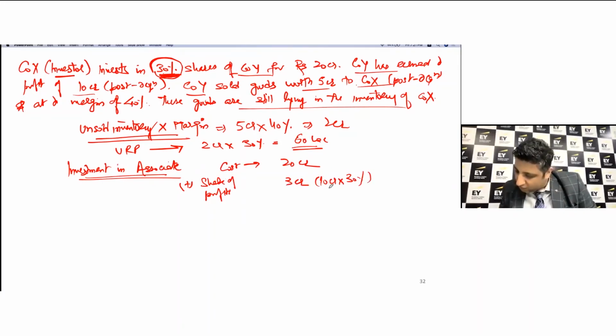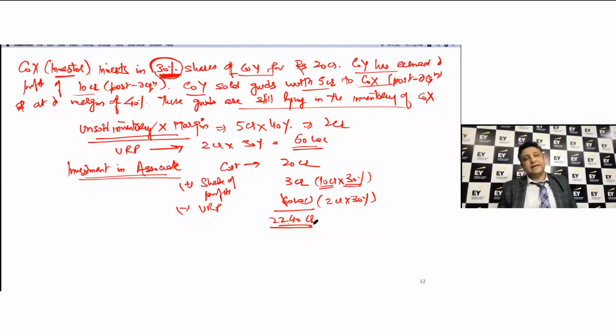But out of this 10 crore, a profit of 2 crore is earned by company Y. And out of this 10 crore, you are only consolidating back 30%, which means that the URP should also be taken at 30% value, which actually means that your net investment in that associate will be taken at 22.4 crores from this perspective.